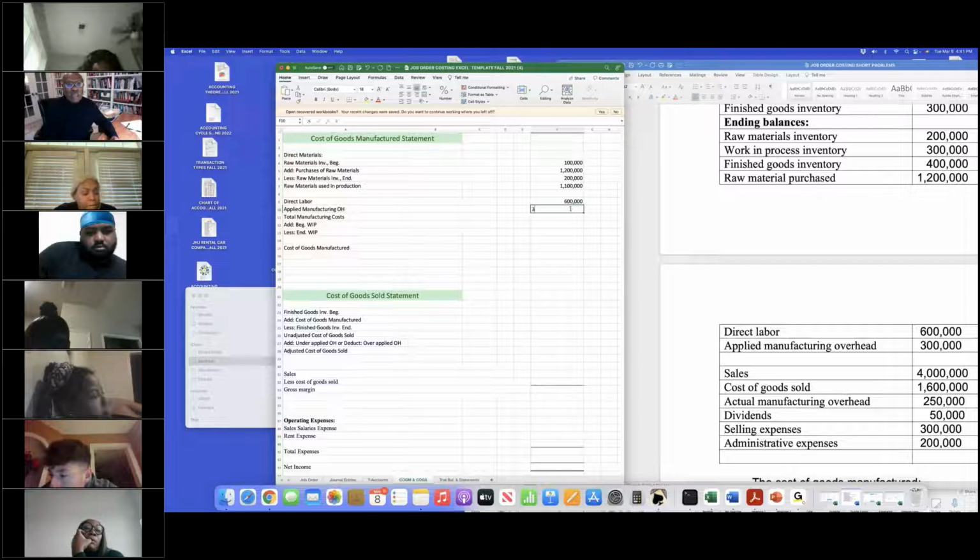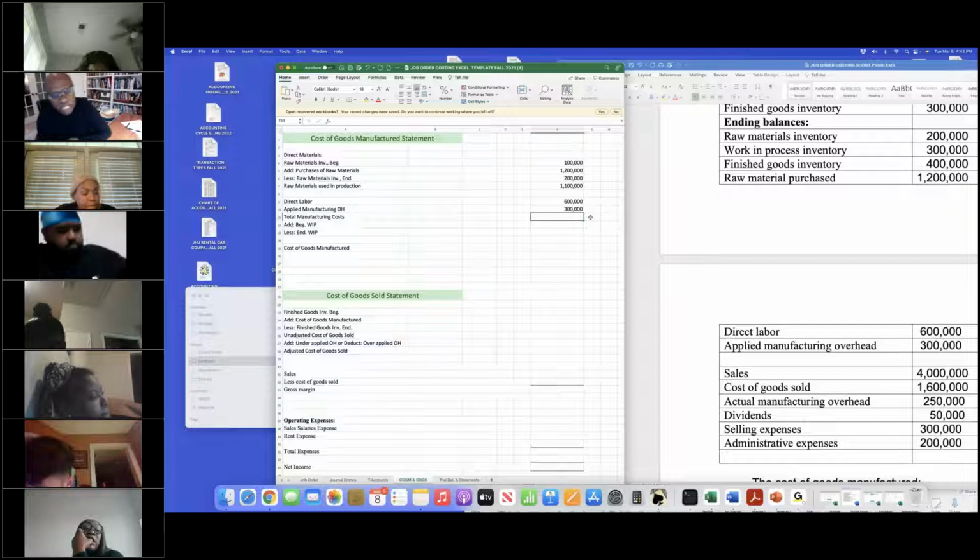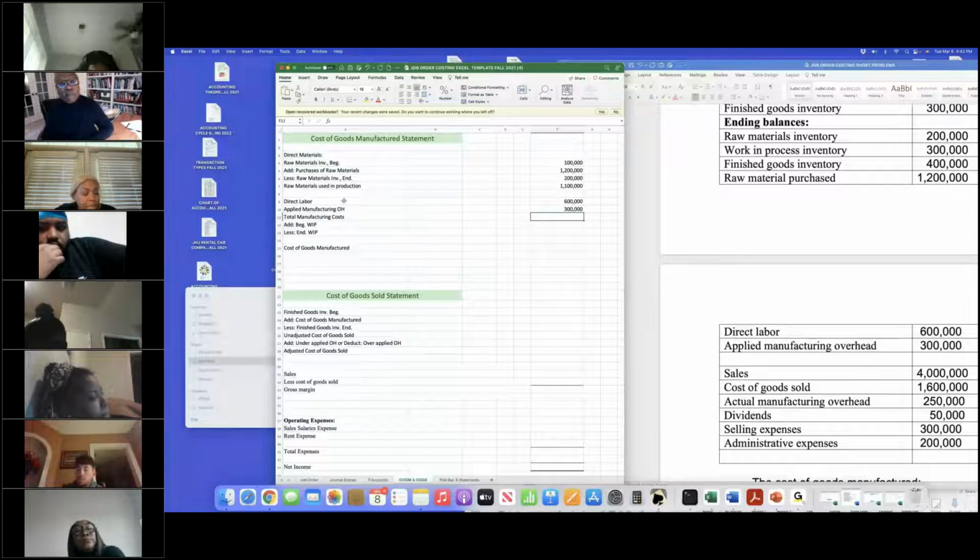So our total manufacturing cost was what? Raw materials, labor, and applied manufacturing overhead is always three numbers.